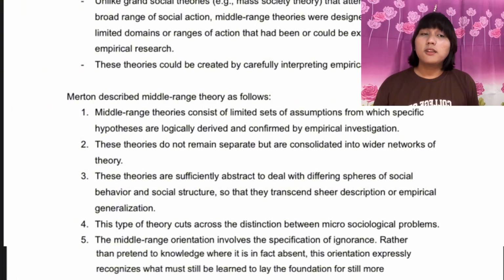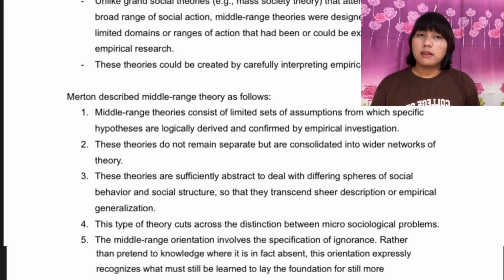Second, these theories do not remain separate but are consolidated into wider networks of theory. Third, these theories are sufficiently abstract to deal with differing spheres of social behavior and social structure so that they transcend sheer description or empirical generalization.